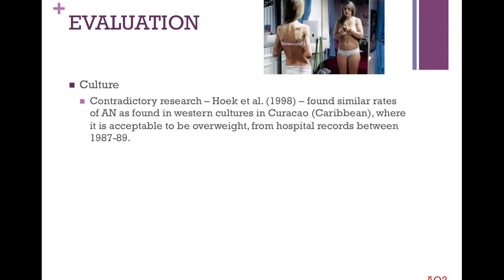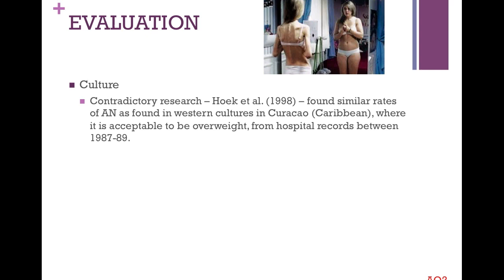To begin with, we'll look at the theory to do with culture, and this suggested that it is a kind of Western idea. Anorexia happens more in the West. Well, Hoek et al. tested this, and they looked at the Caribbean island of Curacao.